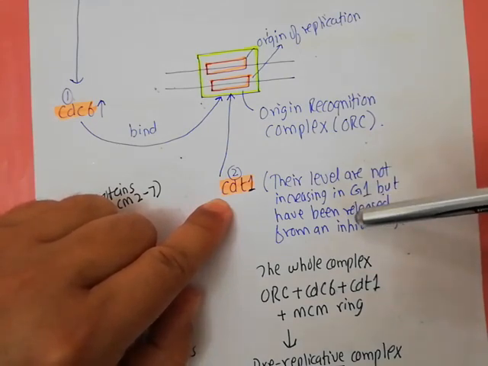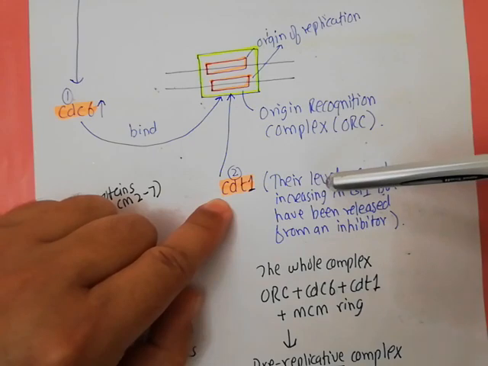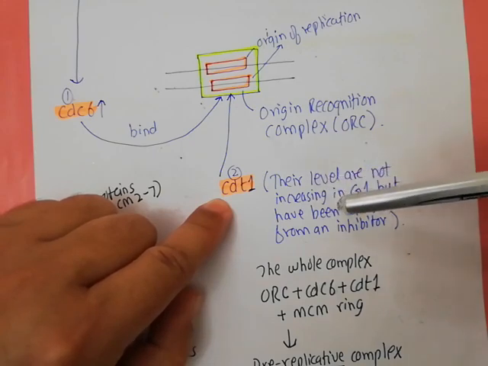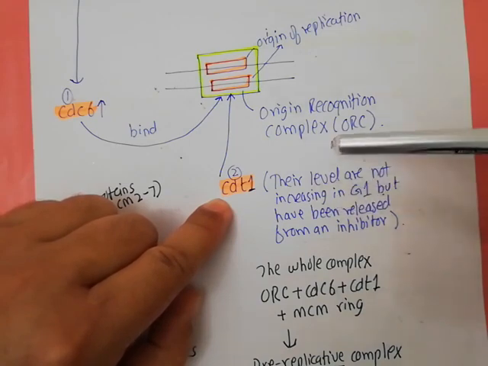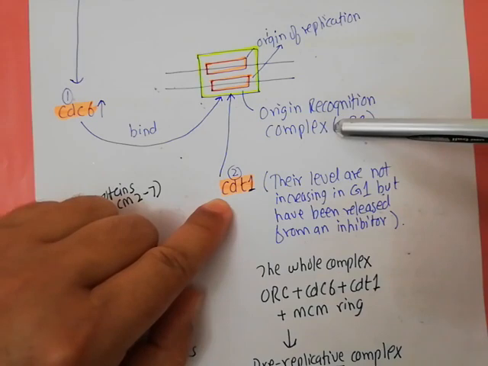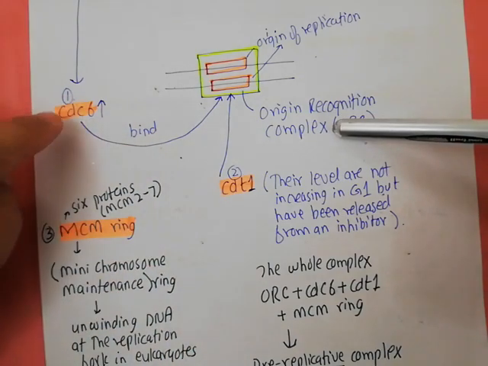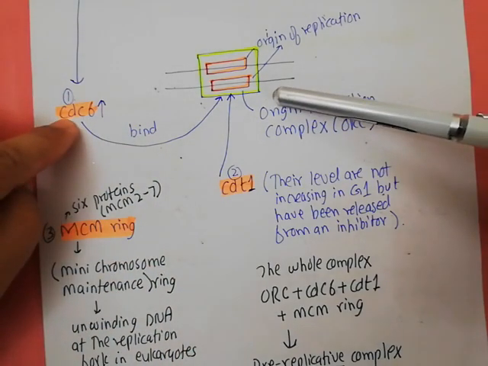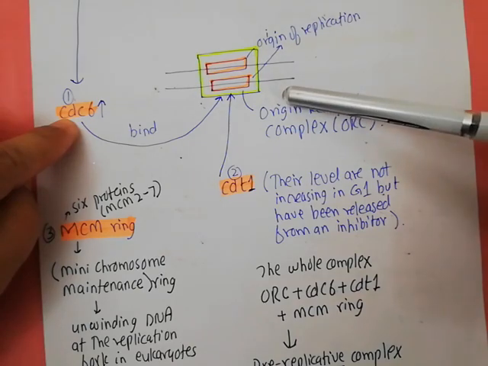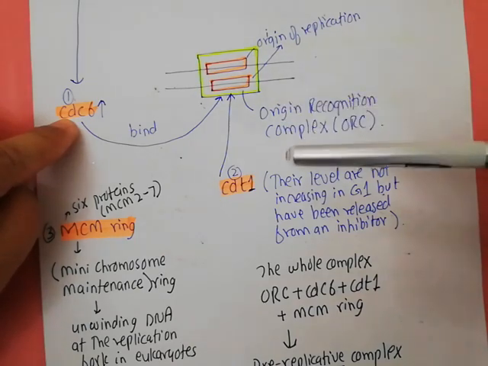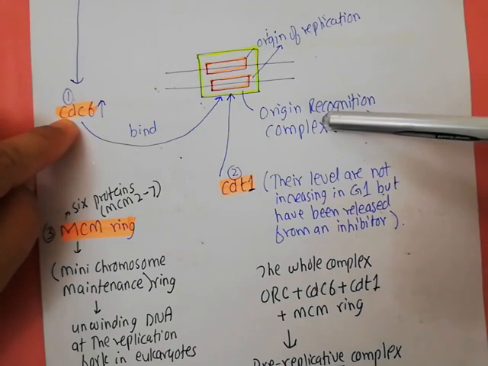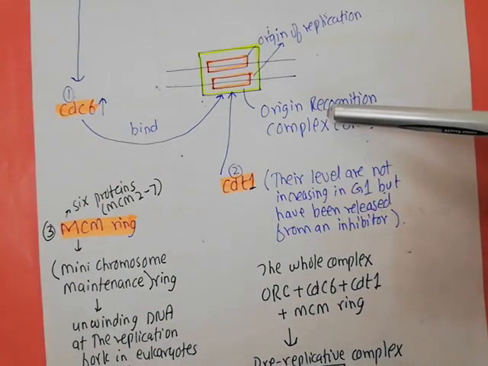And we will discuss how this CDK-4 is inhibited and how it is released or activated in the G1 phase of the cell cycle so that it is able to attach to this origin recognition complex. So first you have attached the Cdc6 to this origin recognition complex, and now you are adding the CDK-4 to it.